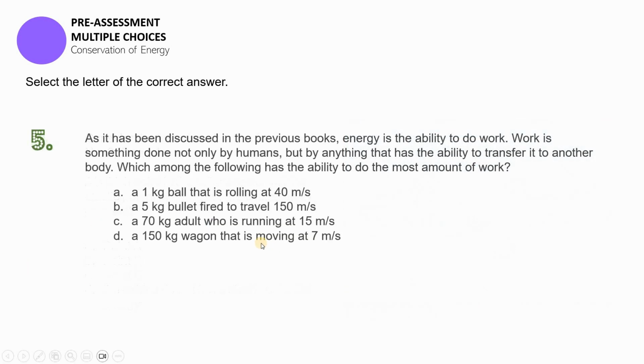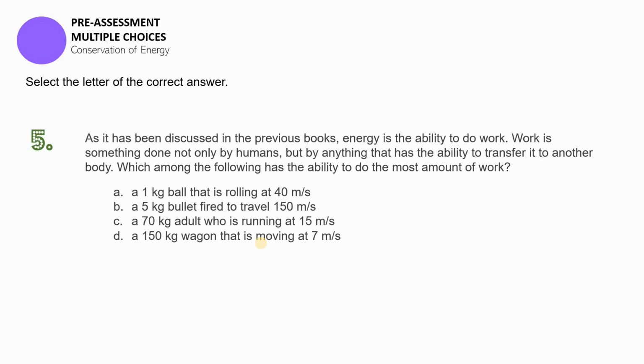Question number 5. As it has been discussed in the previous books, energy is the ability to do work. Work is something done not only by humans but by anything that has the ability to transfer it to another body. Which among the following has the ability to do the most amount of work? A. A 1 kilogram ball that is rolling at 40 meters per second.